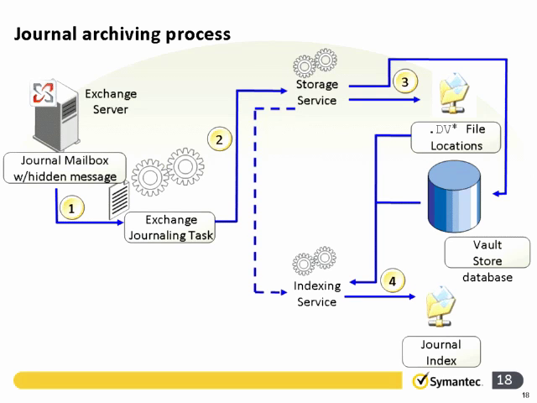So again, the storage service will notify the indexing service that if there's information available for indexing, the indexing service will find the information it needs in the vault store database and retrieve the per user part, the shared parts, and the converted content that the storage service created, and it will index all that information and store it in the index for the journal. And again, we'll talk about exactly what information is stored as part of that index when we get into the indexing lesson later in the course.